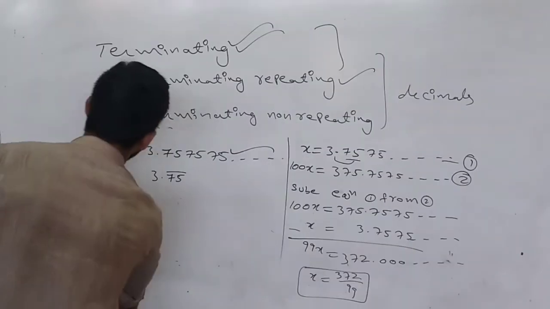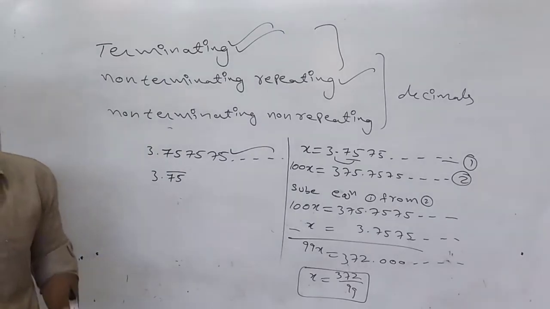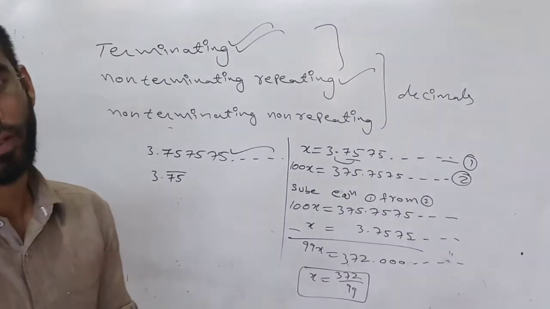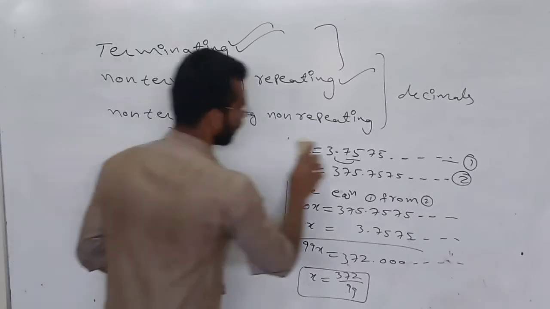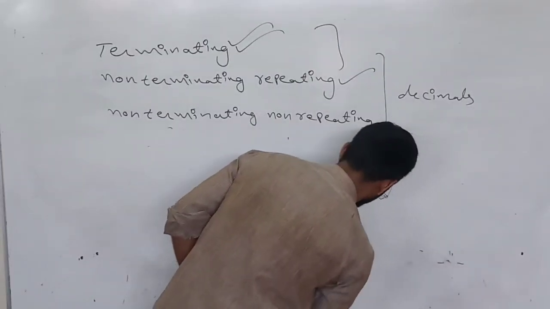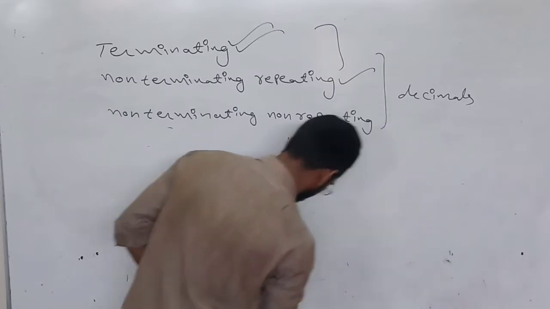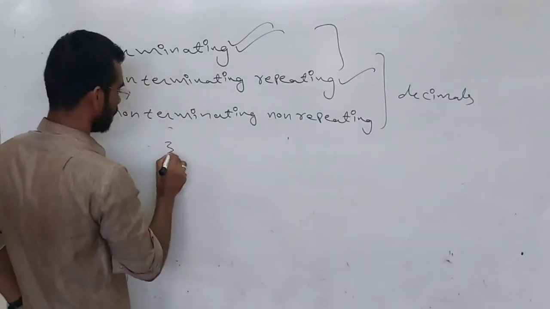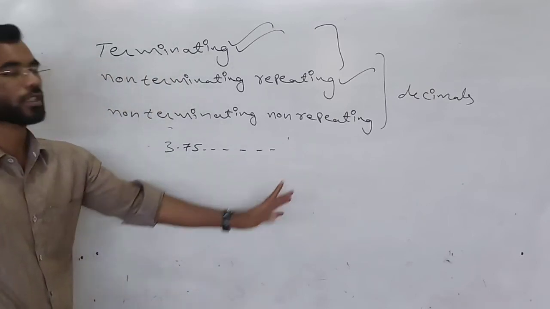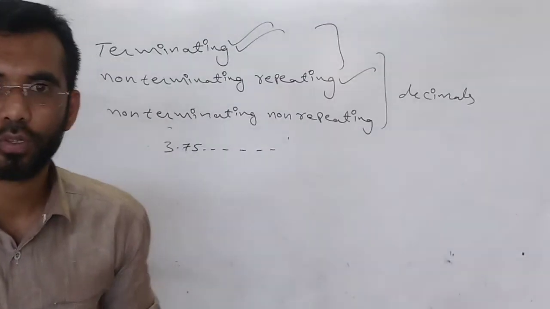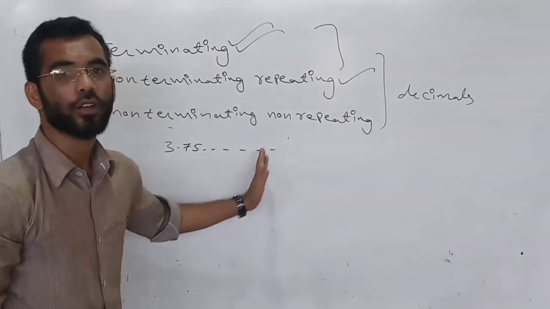Now we will see how a non-terminating, non-repeating decimal cannot be written in the form of p by q. 3.75 dash dash dash. What will be the next number after that? We don't know. So it is a non-terminating, non-repeating decimal.